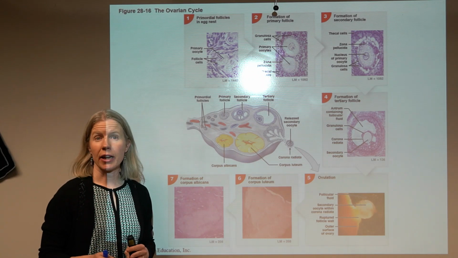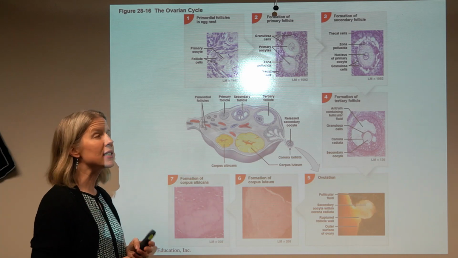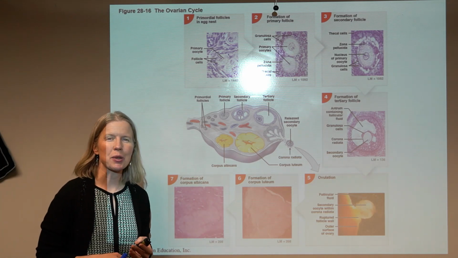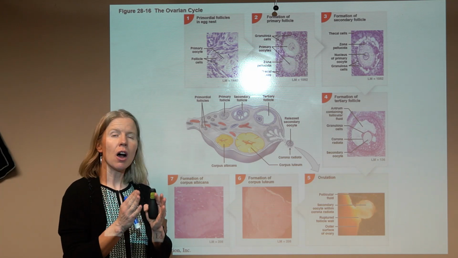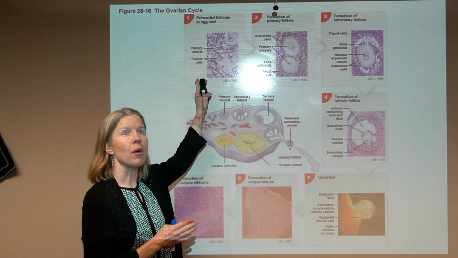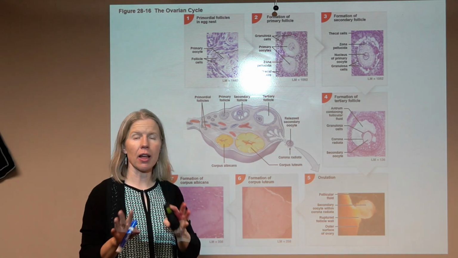The ovarian cycle is a 28-day cycle where we're going to see follicles and oocytes maturing. Now I should say this, a follicle doesn't start maturation on day 1, right, and end in ovulation at day 28. It's nothing like that.